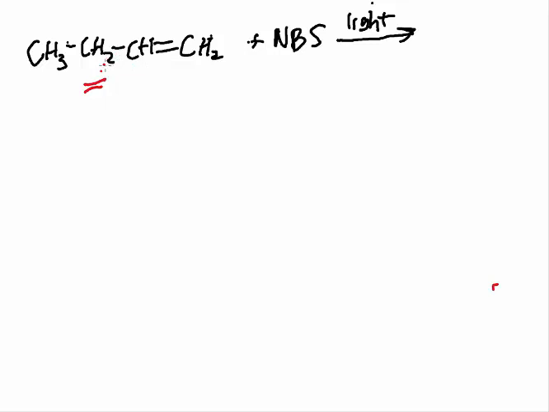What we're going to do is just remove one hydrogen from CH2 as an H atom to give us the allylic radical.